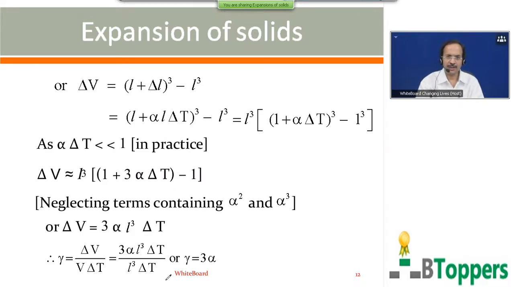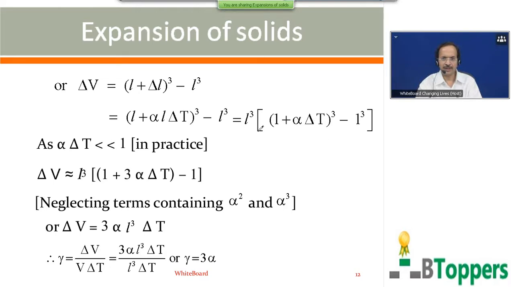So delta V we can write as L plus delta L whole cube minus L cube. We can substitute delta L equal alpha into L into delta T. So you can take L cube common in all the terms on the right hand side. So you can write L cube into 1 plus alpha delta T whole cube minus 1 cube. As alpha delta T is much less than 1 in practice, we can use the binomial approximation for this term.